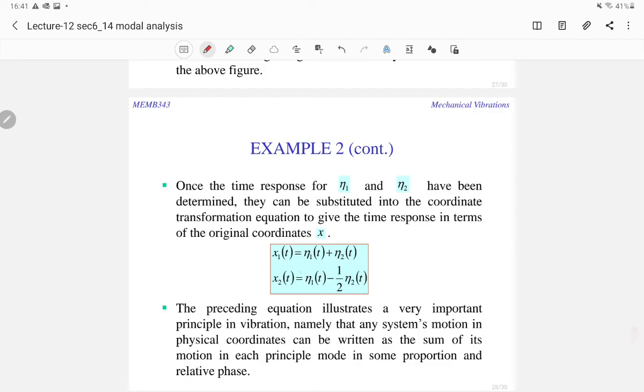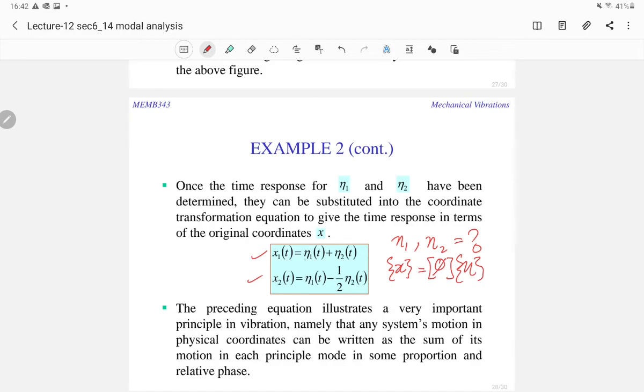Basically, how do you write your x back is based on, once you solve for eta 1 and eta 2, you use the relationship between x and eta. If you remember, you have your phi, or your modal matrix, times eta. So this is what it is basically. You have your x1.